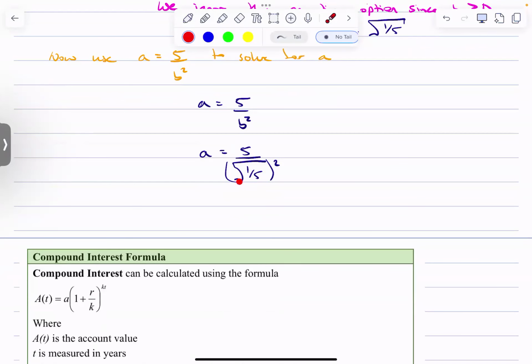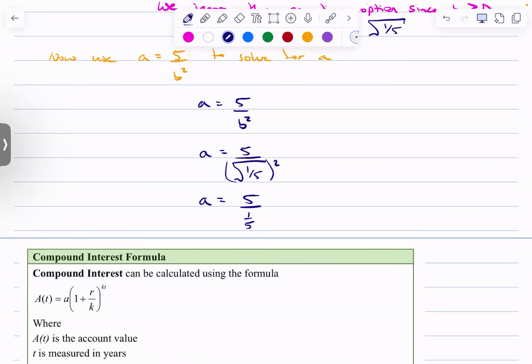And you can simplify this, right? I think we're pretty comfortable with if we take the square root and then square it, they just kind of dissolve, right? But technically it's because the root is a power of 1/2 times 2. 2/2 makes a power of 1. And so that's technically how they dissolve. Okay? But we're left with a is 5 divided by 1/5. Now 5, I can rewrite it as a fraction, right? 5/1 divided by 1/5.